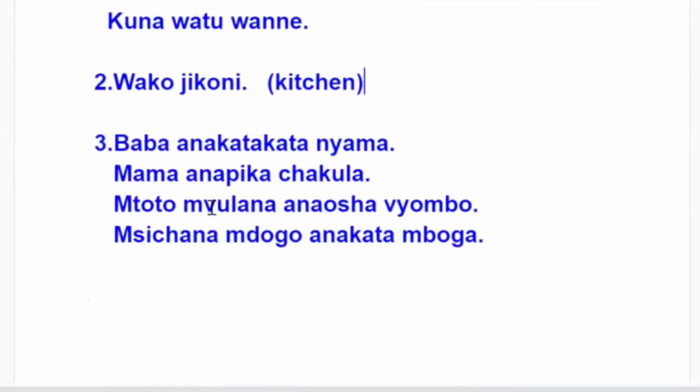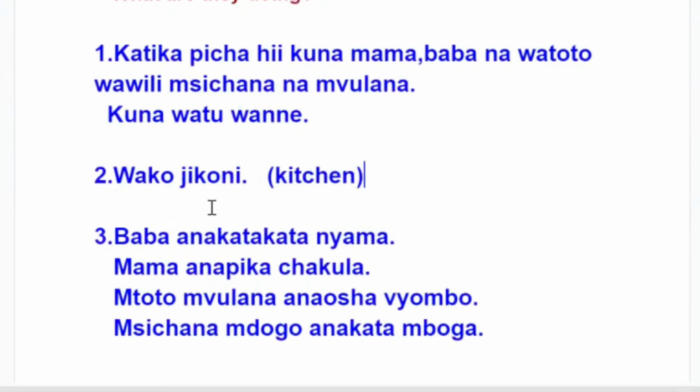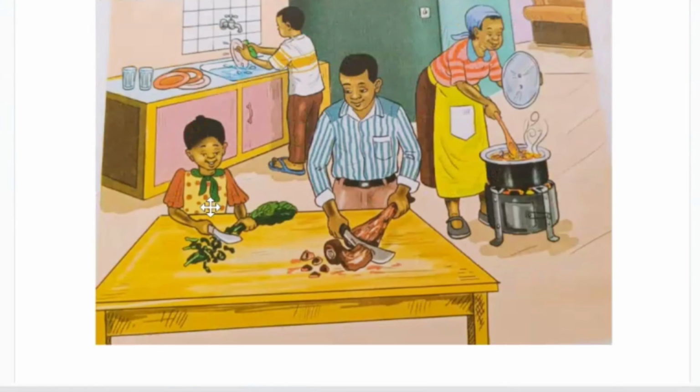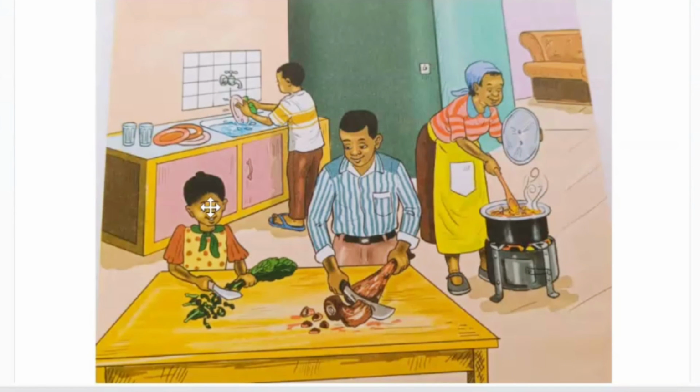And that is how you can describe this simple picture, by talking about what you can see, where they are, and what they are doing, explaining different activities and learning more vocabulary.